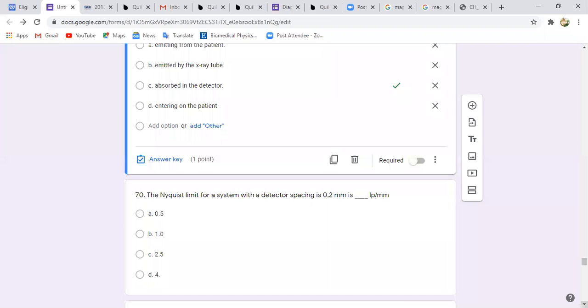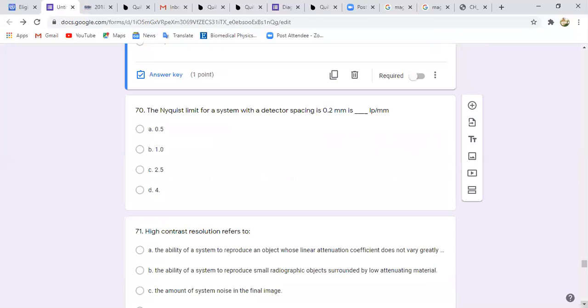So the Nyquist limit, the spatial frequency, will be 2.5 line pairs per millimeter. We just follow the same method: 1 over 2 delta, where delta is 0.2, and we put it inside the equation.